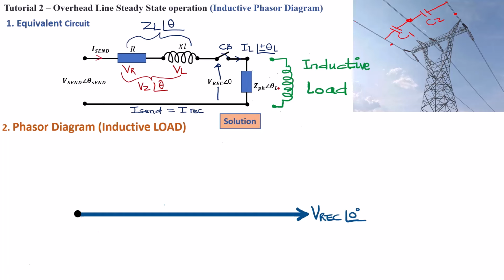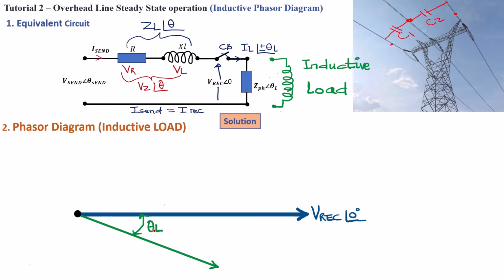Then because we understand that this is an inductive load and the current lags the voltage at a negative angle, then we can calculate that angle. Okay, once we calculate that angle, we can then plot that angle somewhere here and get the magnitude of the phasor, the current phasor. That way we can then have the phasor of the current drawn at a particular angle.